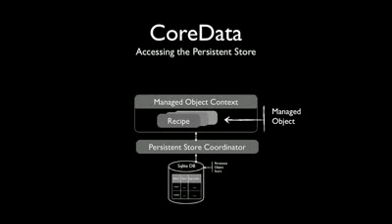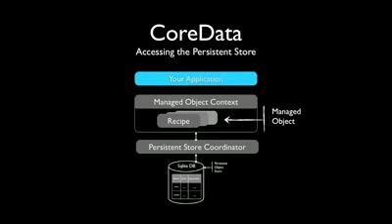And once you do write it to the store, it makes sure that the managed object is in a valid state. And finally, of course, you have your own application layer. So basically, you talk to the persistent store using the managed object context, and you manipulate the data using managed objects.